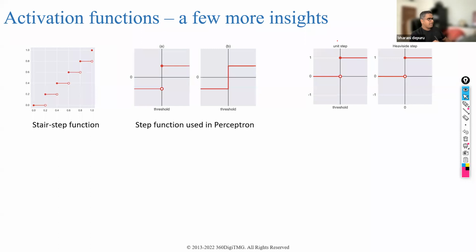Heaviside step is exactly like unit step. The only exception is that you cannot give any threshold value that you want, like what you have done in the unit step activation function. You cannot give any value of your choice, but the threshold value should be 0.